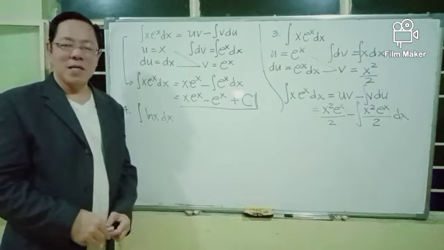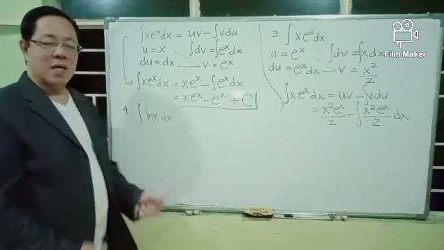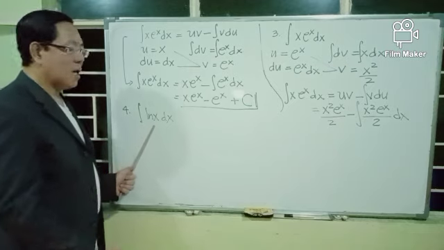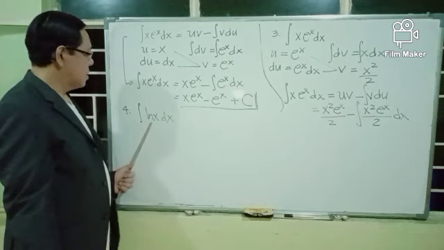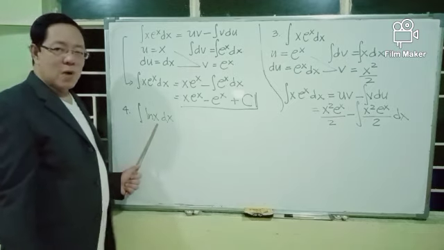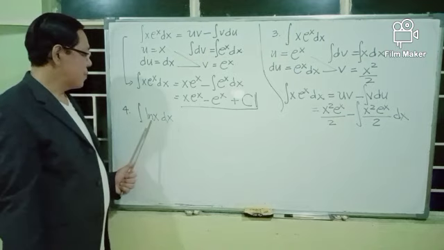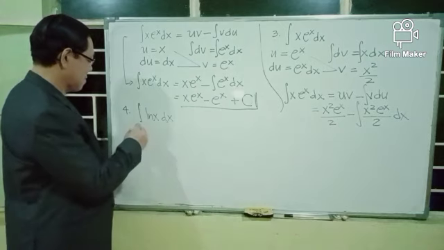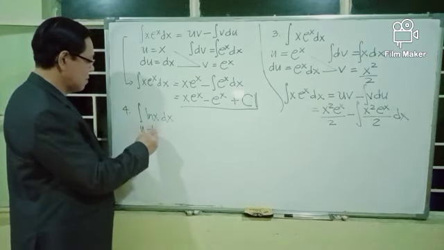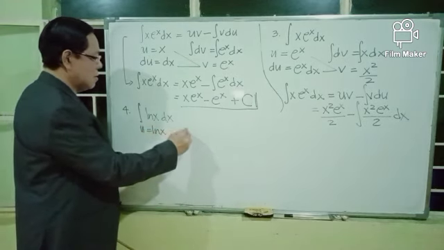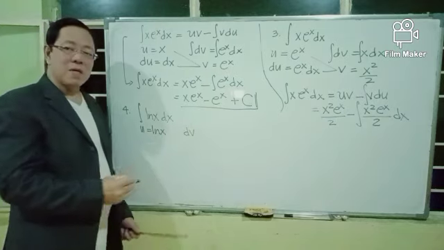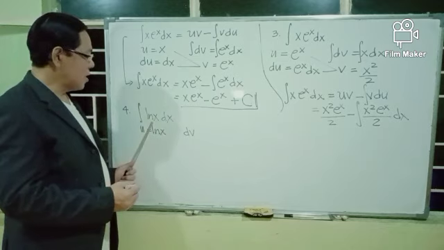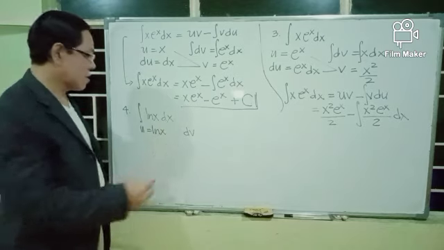We now find the integral of ln x by integration by parts. We only have one choice for u. It should be ln x. And our dv is the remaining factor in this integrand, dx.